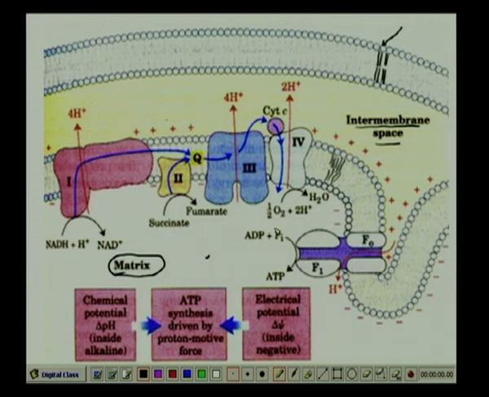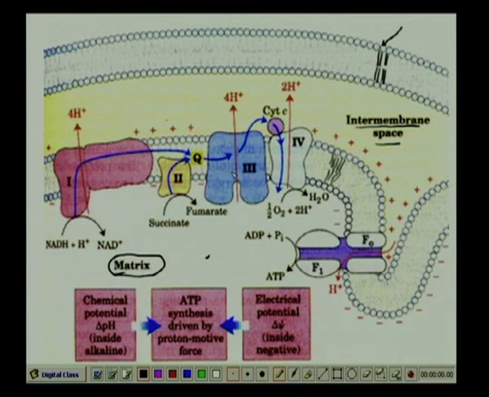Okay. Now, we are going to look at this system in a bit of detail. What we have here are certain complexes. Now, each of these complexes is kind of an integral membrane protein.